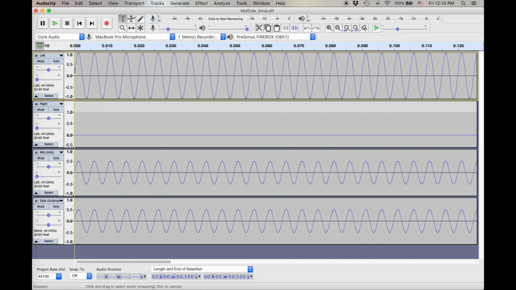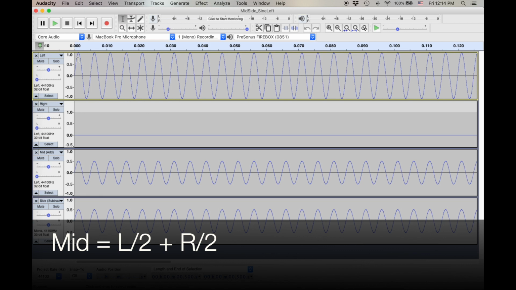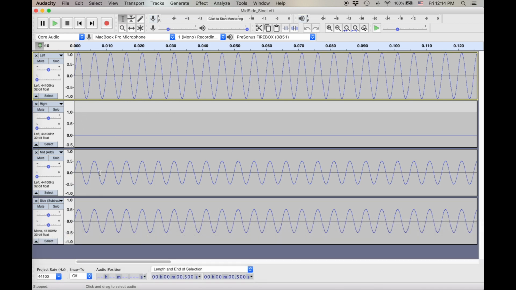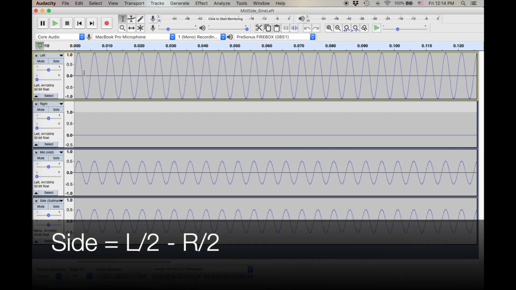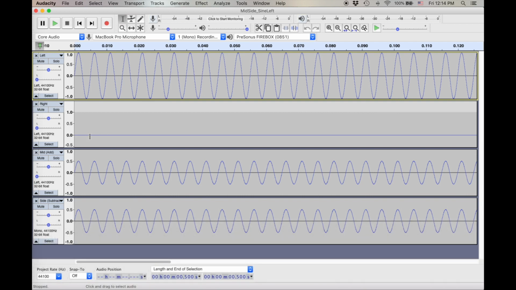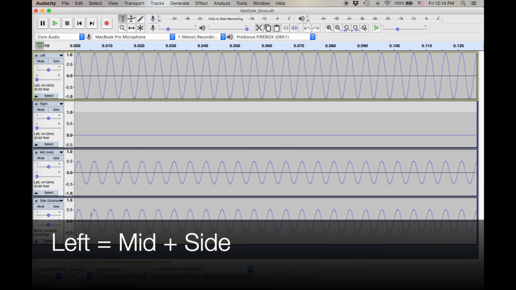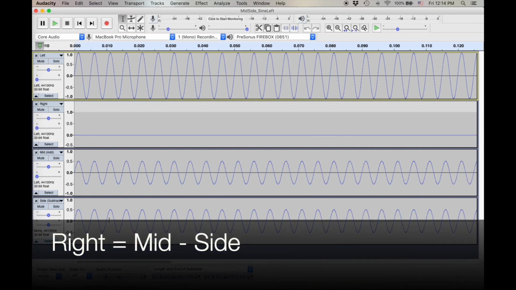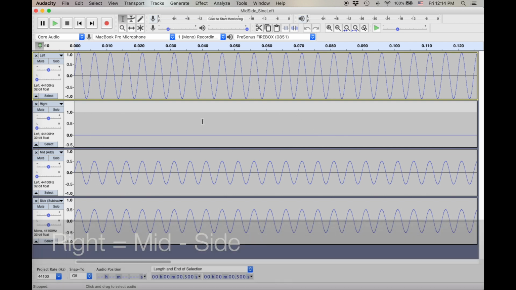So now we take the left divided by 2 plus the right divided by 2, and we get a sine wave at half the amplitude. The left divided by 2 minus the right divided by 2: since this is 0, once again, we're going to get the same thing. When we decode this back out into stereo, this plus this equals this. This minus this, perfect phase cancellation, is going to be silence.